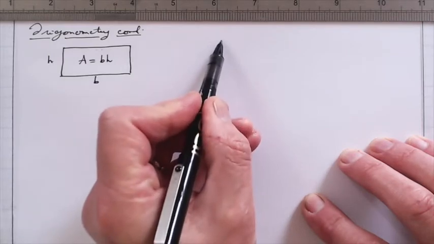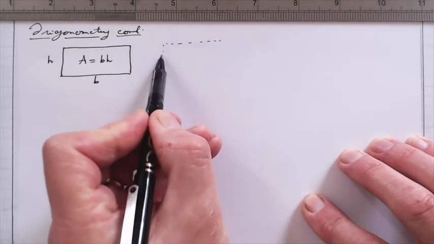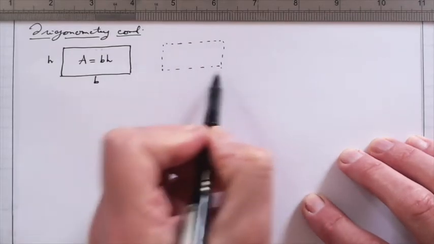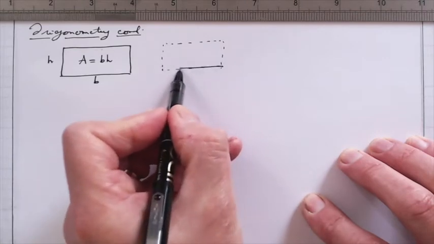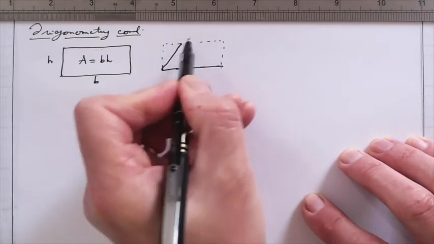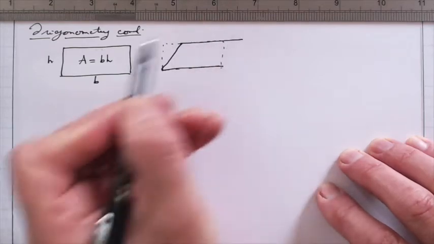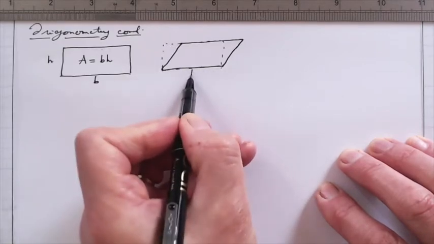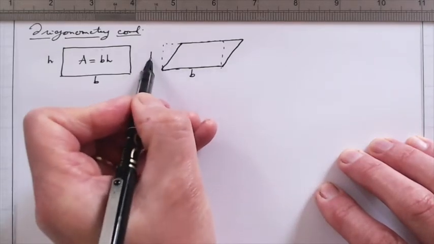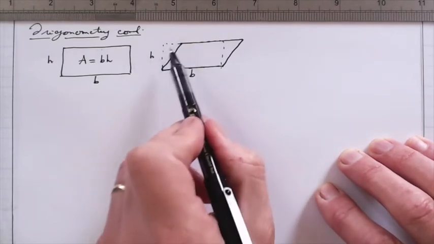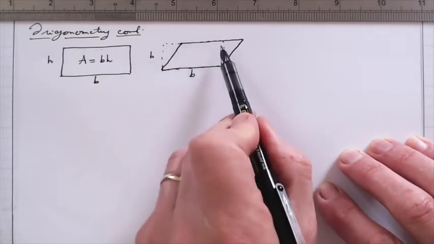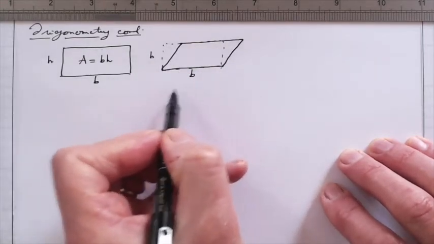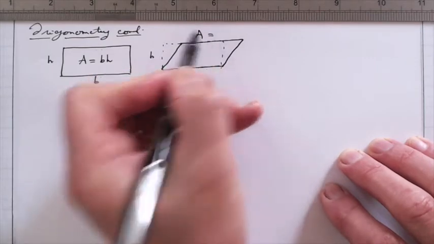So if I draw the ghost of that rectangle there, you see it has the same height and base, but now what I want to do is slant it and make a parallelogram. The base of this parallelogram is still b, the height is still h. And you see that the area we've lost here is precisely the same as the area we've gained there. And so the area of this parallelogram is still just base times height.